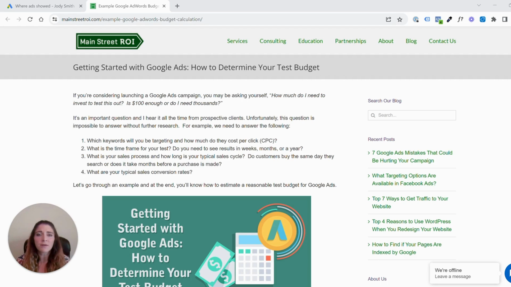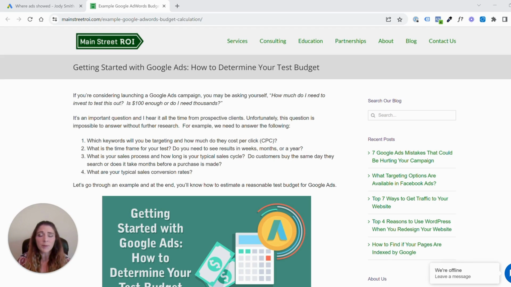Now this can really vary depending on the industry, and I've seen some of our clients have really affordable cost per click, like in the range of 50 cents or less. And then we also have clients, for example, there may be a lawyer or a financial advisor or some industry along those lines where they're highly competitive, and some of them are in saturated markets where there's a lot of competition.